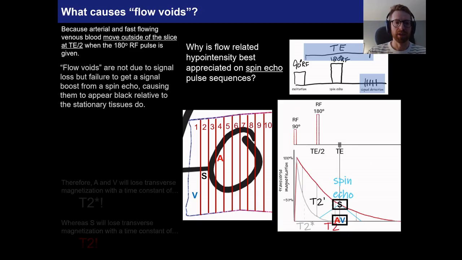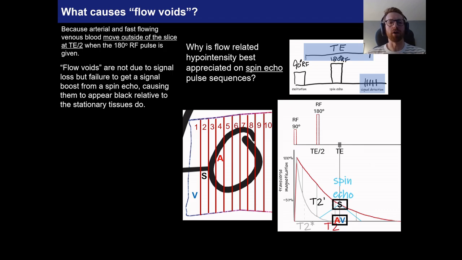So in short, flow voids are not due to flow-related signal loss. You'll hear that. At least that's not how I think about it. Flow voids are actually due to the stationary tissues getting a boost from the spin echo, whereas the flowing blood does not.